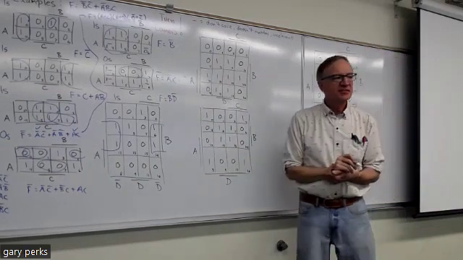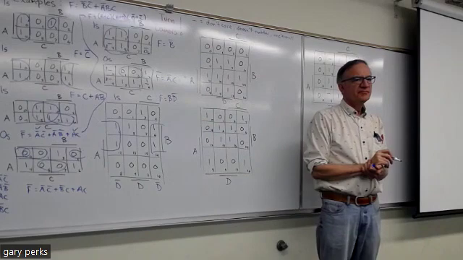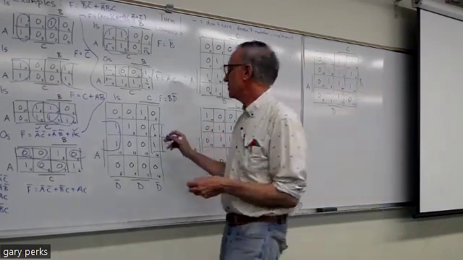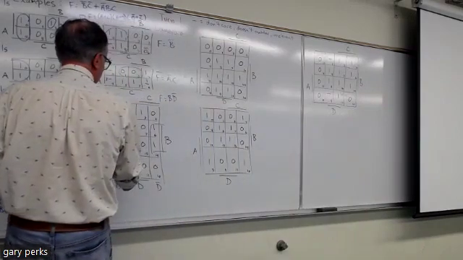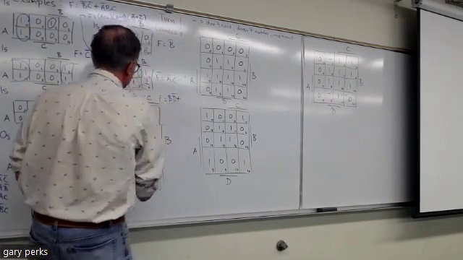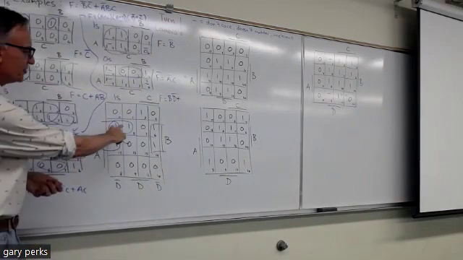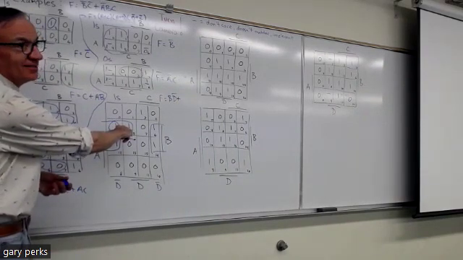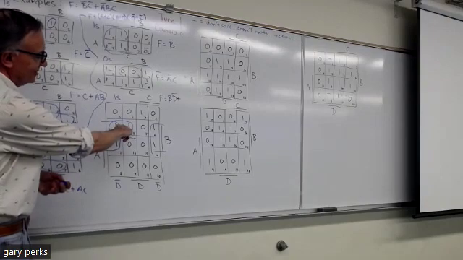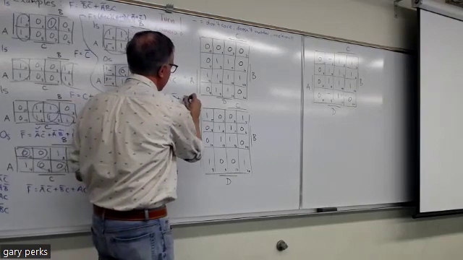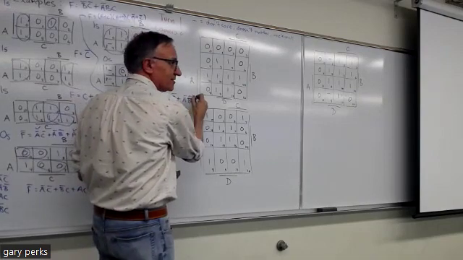Okay, what would you do next? Yeah, 4 and 5, we have a 2 grouping here. Okay, and that's going to give us a 3-variable term. Let's see, what 3 variables are common to this 2 grouping? Not A, not B, C, is that what you said? Yeah.